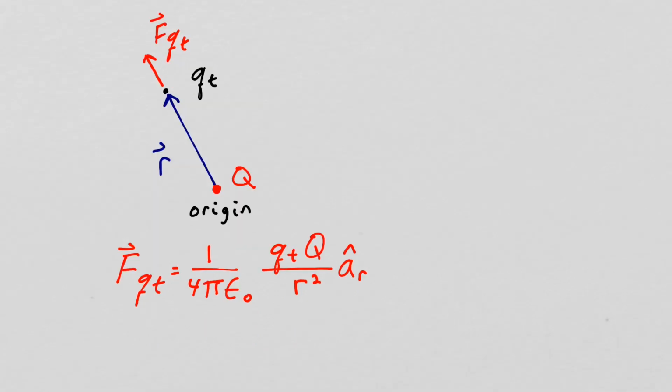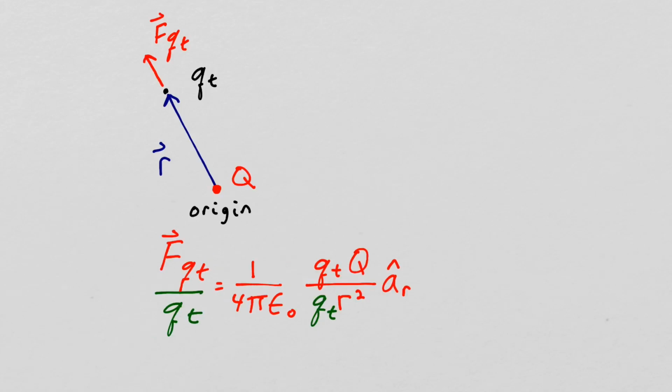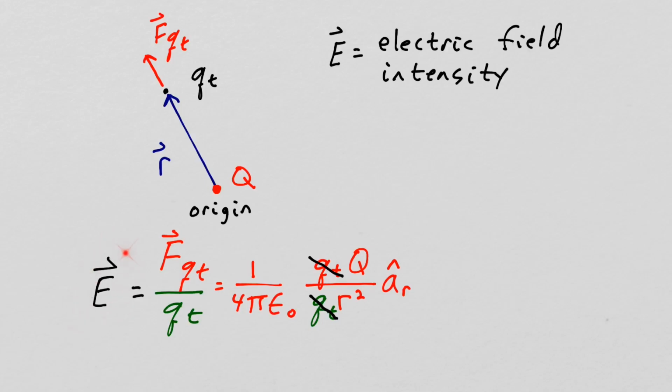Now let's take Coulomb's law and divide both sides by Q sub t. On the right-hand side, the Q sub t's will cancel, and let's rename the force on Q sub t divided by the charge Q sub t, E. E is what we call the electric field intensity.